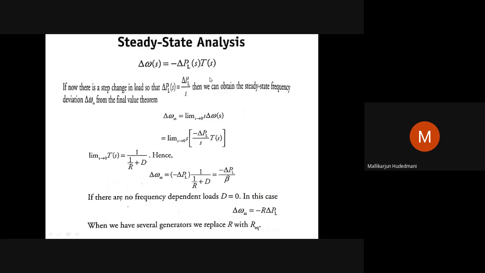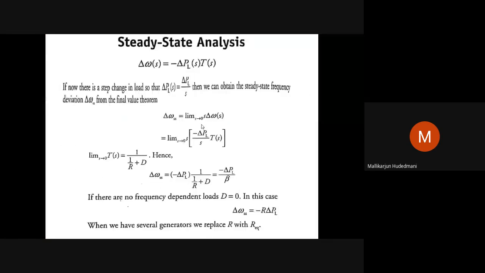That's all. This is called steady state analysis of the ALFC, in which we find the frequency deviation as delta PL by (1 by R plus D). Then when D is 0, it automatically becomes R into delta PL. This is one extension, steady state analysis.